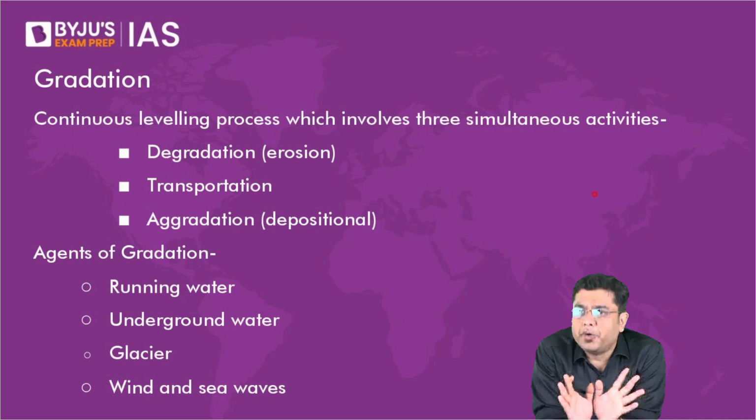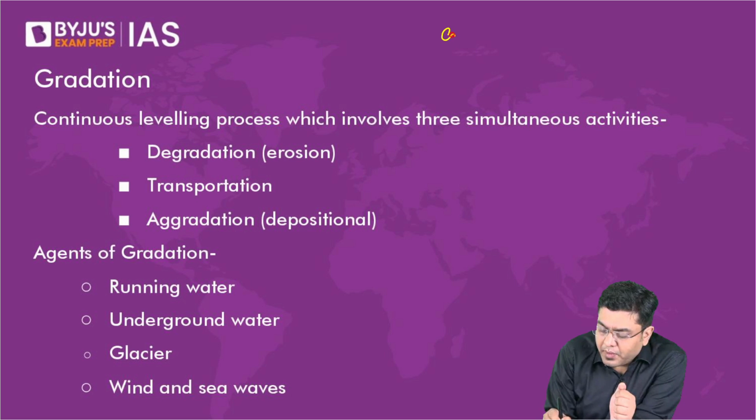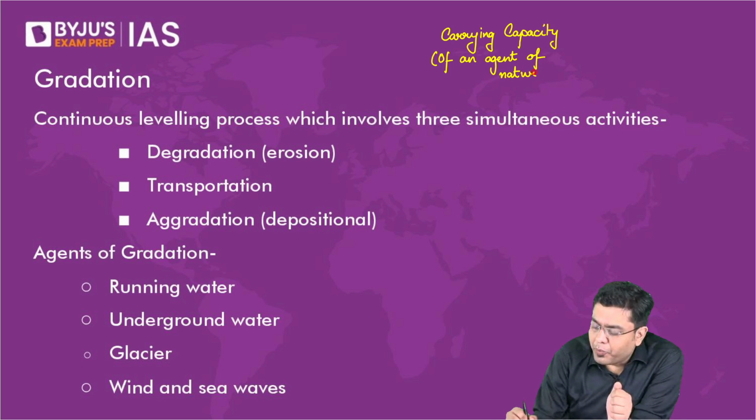And when the speed reduces further, it will start dropping materials. It will start deposition. So basically, the carrying capacity of an agent of nature is directly proportional to the speed.